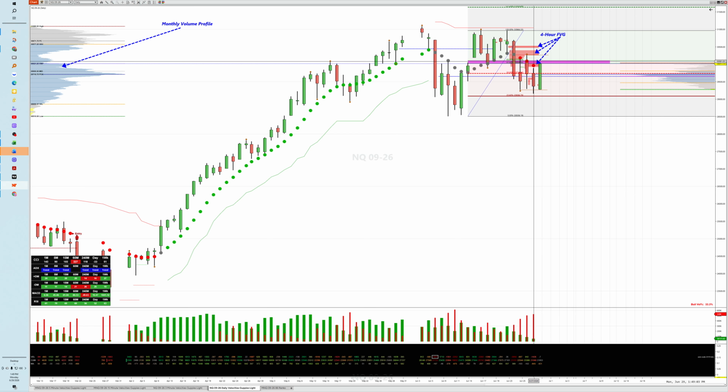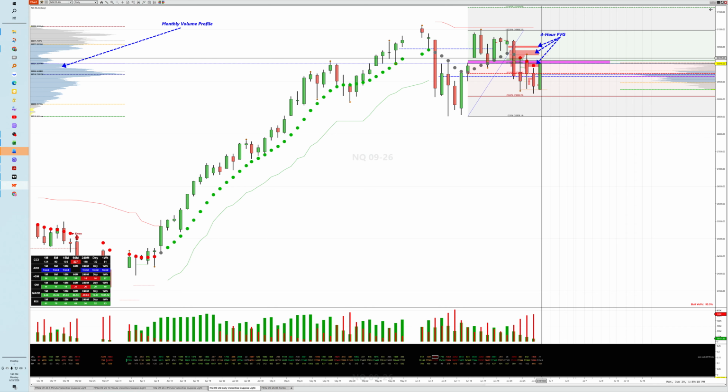The idea is that you'd enter once it's come down into discount, but then come back and break above that golden pocket of 61.8 to 65 zone, if you will.